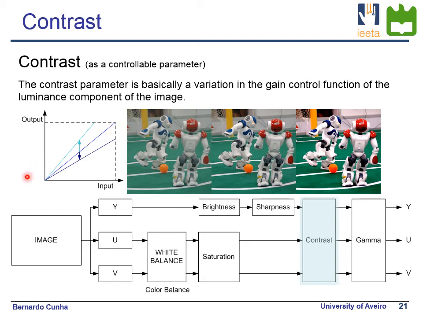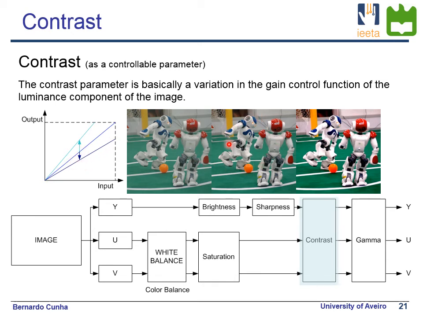The inclination of this line, the gain, is 1. And the difference here is that if you want to increase the contrast, you don't add a constant, but you change the gain, or you change the derivative. If you increase the derivative, which is the case of this line, then you increase the contrast. If you decrease that derivative, then you decrease the contrast.